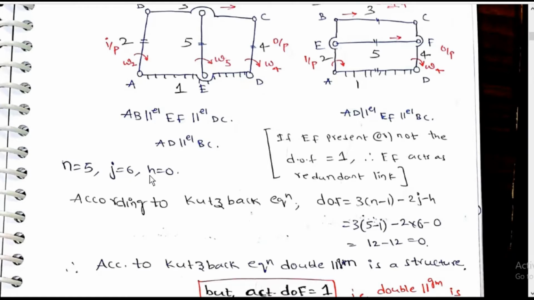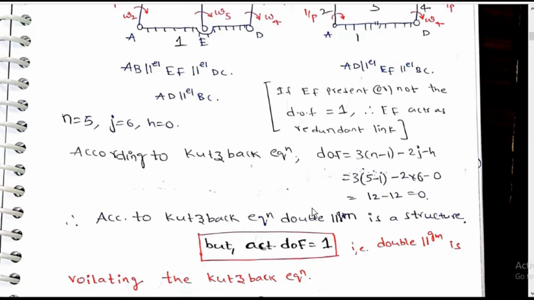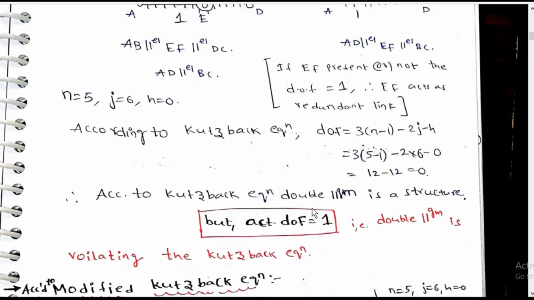N is equal to 5, J is equal to 6, H is equal to 0, as 6 revolute pairs are there. According to Kutzbach equation, degrees of freedom is equal to 3 into (n minus 1) minus 2j minus h, is equal to 3 into (5 minus 1) minus 2 into 6 minus 0, is equal to 12 minus 12. According to Kutzbach equation, double parallelogram linkage is a structure, but actual degrees of freedom is equal to 1.